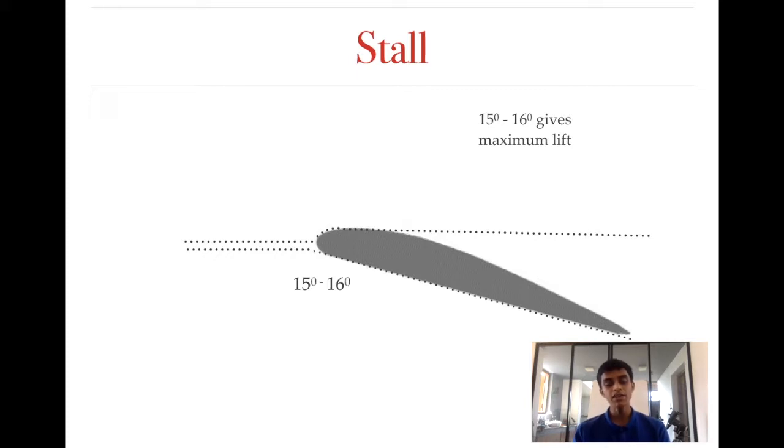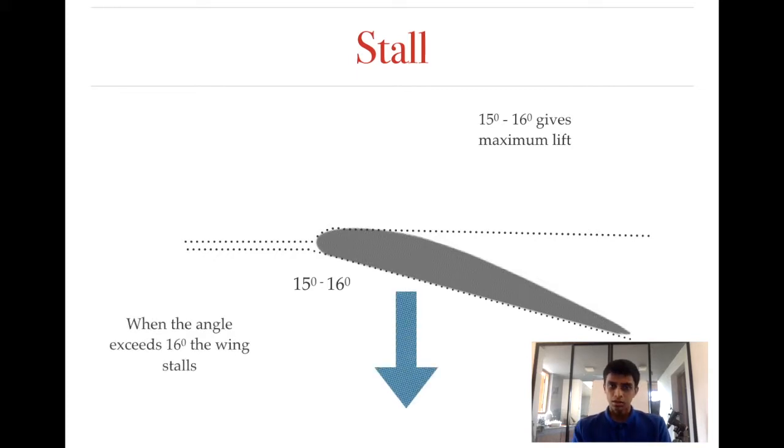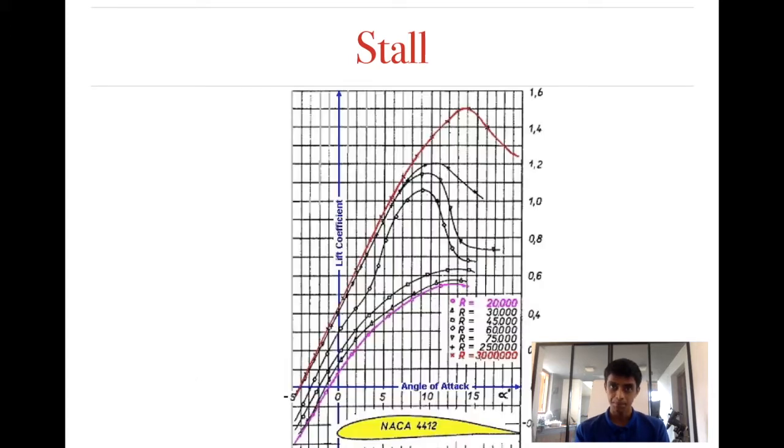So at 15 or 16 degrees, we get a maximum lift. But just after that, it's followed by a stall. A complete nullification of lift, or basically complete disappearance of lift. And when the angle exceeds around 16 degrees, the wing will stall and fall.